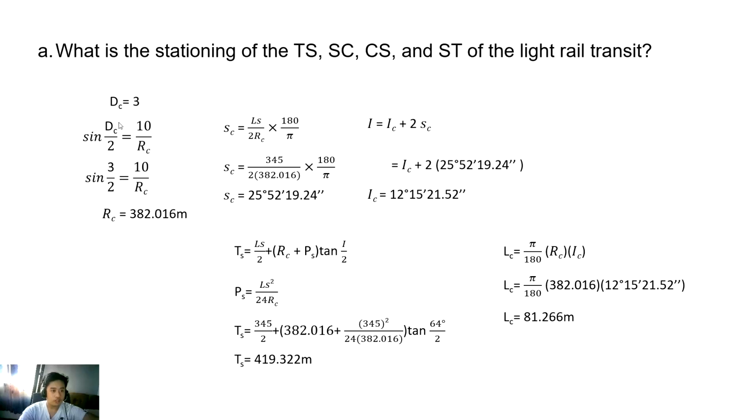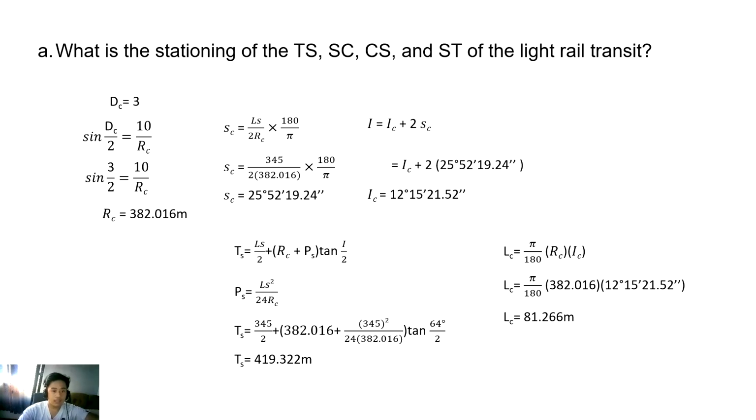Substituting D, sin 3 over 2 equals 10 over Rc. We get Rc as 382.016 meters.